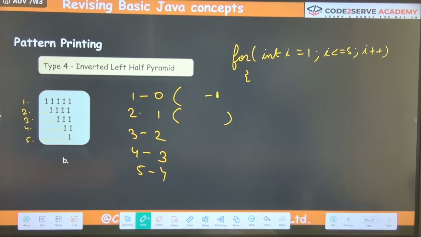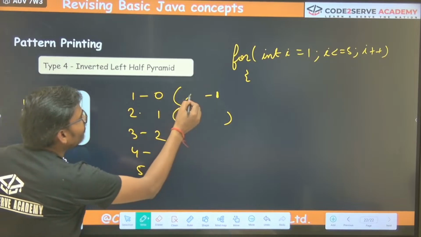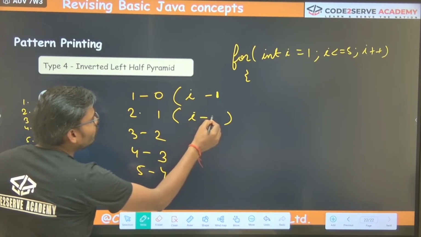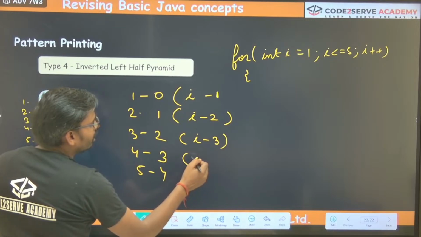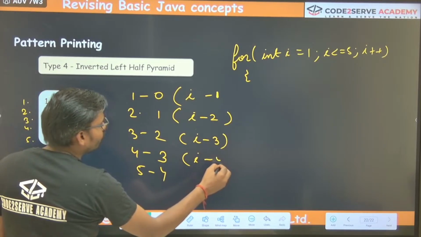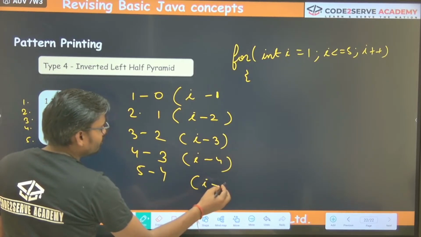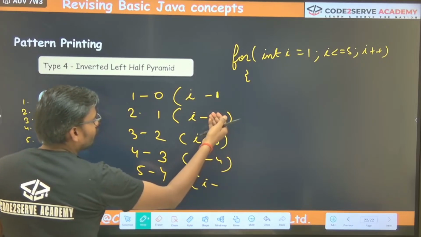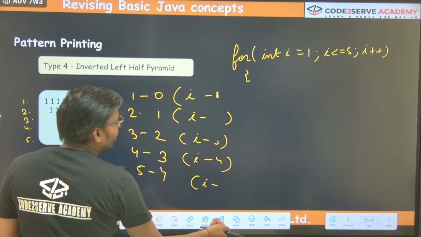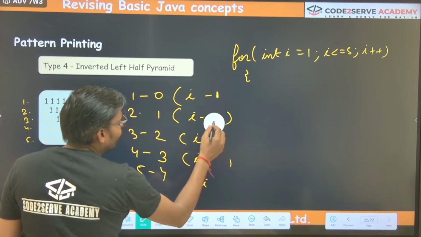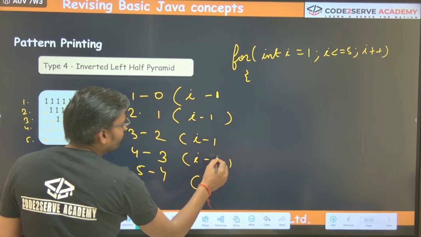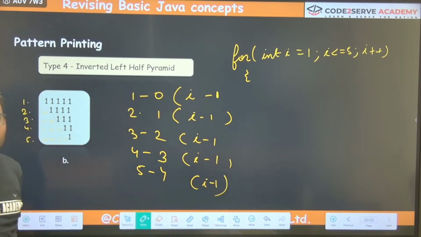So you see a logic is coming over here. In each case, you have to subtract by 1: I minus 1, I minus 1, I minus 1, and I minus 1.